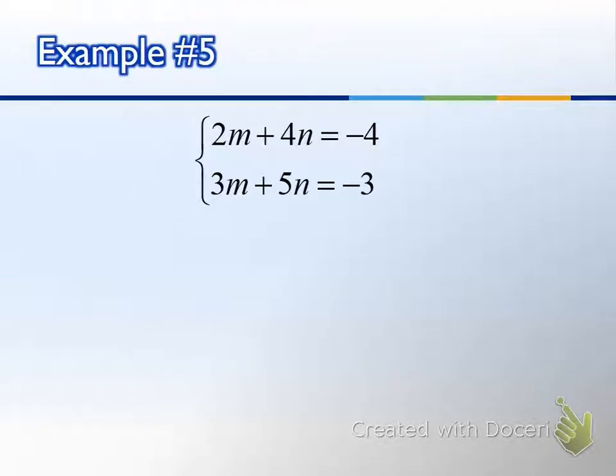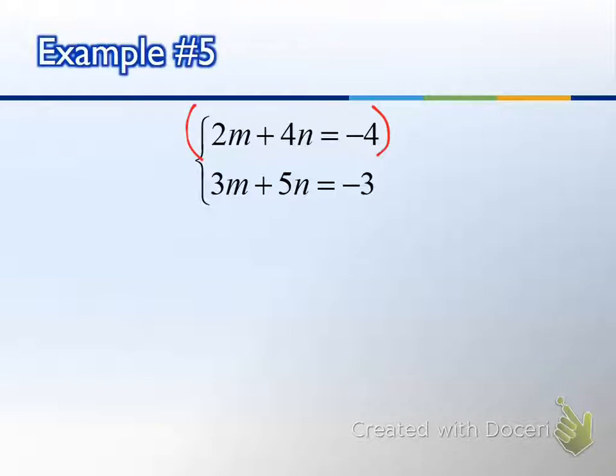Can someone raise their hand and tell me which variable they would like to eliminate? Perhaps someone I haven't heard from yet. Alexis. What I was going to do is multiply the top by -3 to get rid of the m here, and then the bottom by 2.